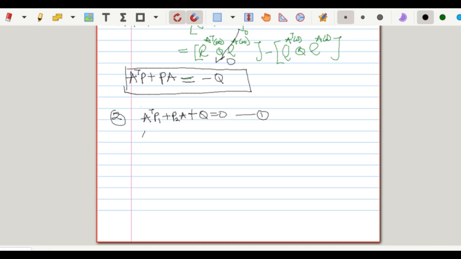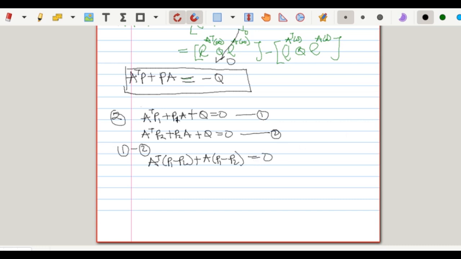And then we have another, A transpose P2 plus P2A plus Q equal to 0, and this is equation 2. Let's subtract equation 2 from equation 1. We are going to have A transpose times P1 minus P2 plus P1 minus P2 times A, and the Q minus Q will be 0, so this will be equal to 0.